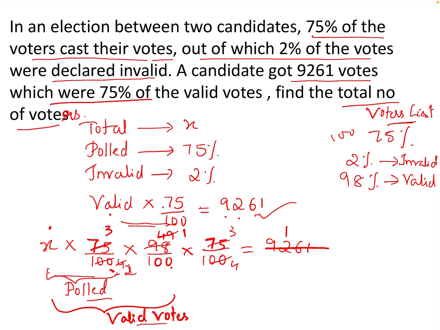Then 7 7s will cancel. Okay, 7 7s are 49, 7 1s are 7, 2 will remain. 7 3s are 21, 1 will remain, 7 2s are 14, 2 will remain, 7 3s are 21.